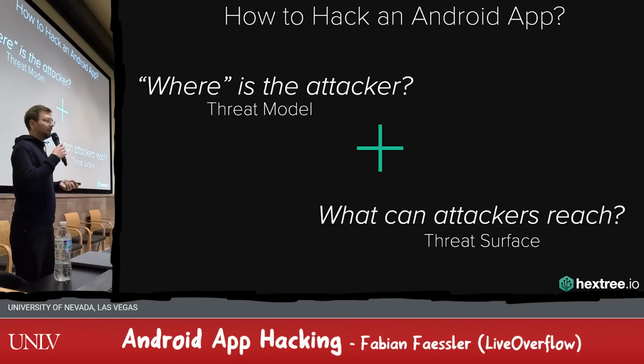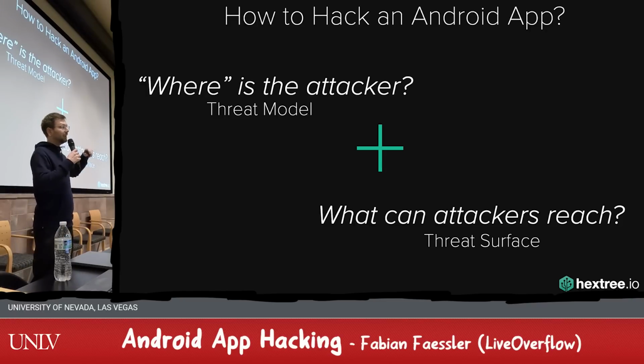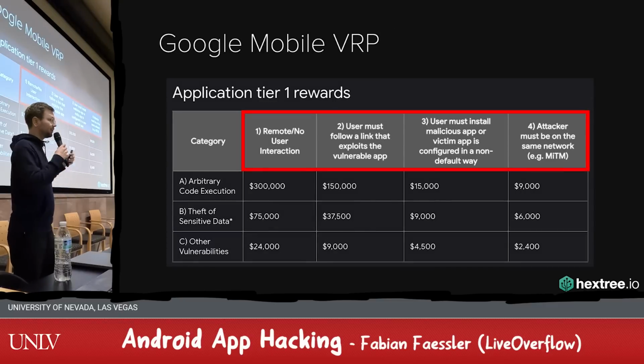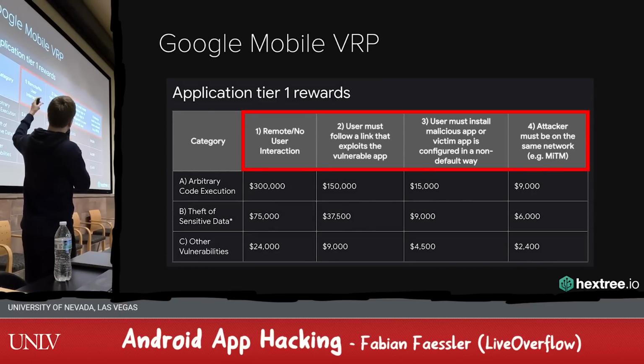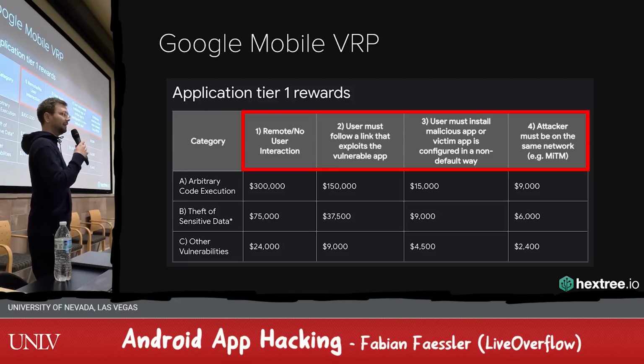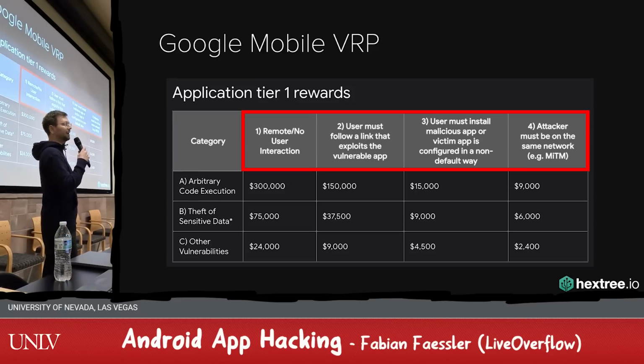For the threat model, the Google VRP has a really nice page talking about the different threat models for mobile applications. This is a table from the Mobile VRP, and it shows you different categories, and these categories are exactly these attacker positions, ordered here by severity.